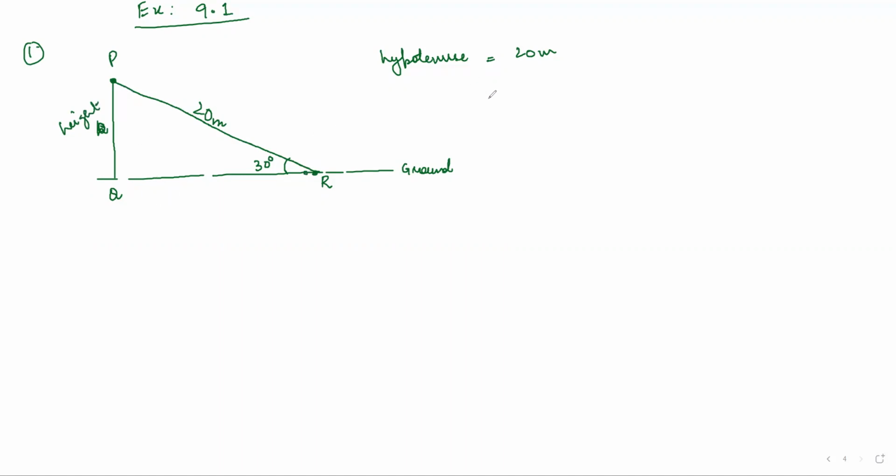So if I take sine of theta, now theta is already given, that is 30 degree here. Understood? So sine 30 is perpendicular upon hypotenuse, that you already know. So you can directly write sine theta, perpendicular is PQ and hypotenuse is PR.